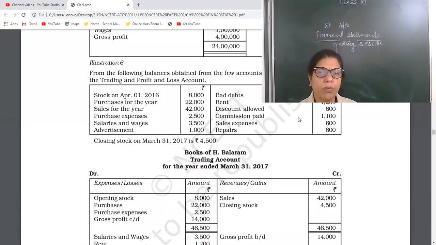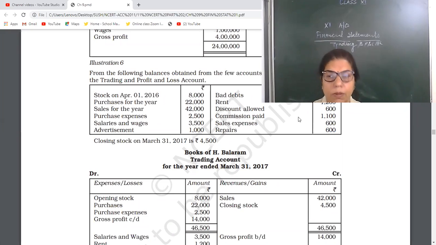See the question. From the following balances obtained from the accounts of Mr. H. Balram, prepare the trading and profit and loss account. See the question given on the screen. Yes, 1st April stock, that is opening stock.